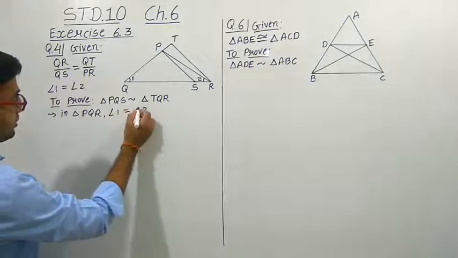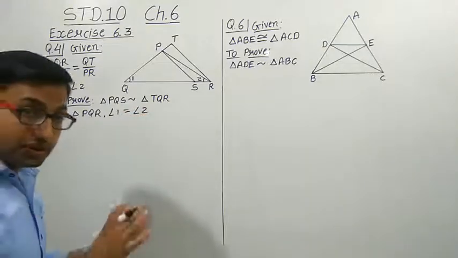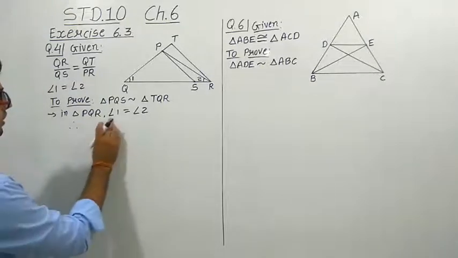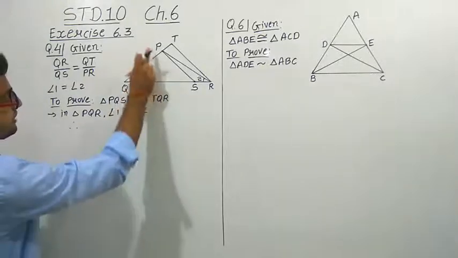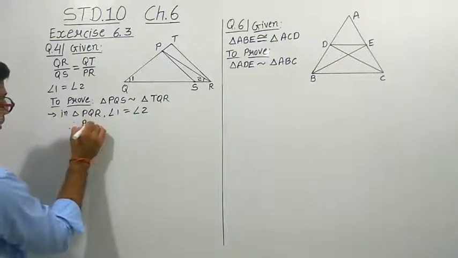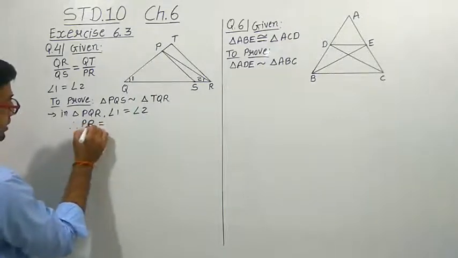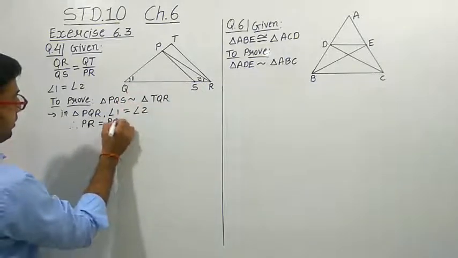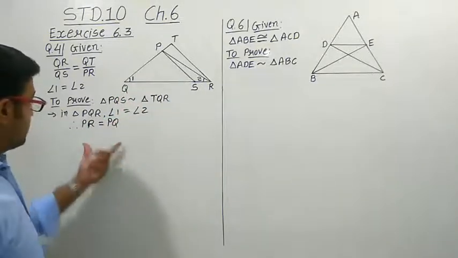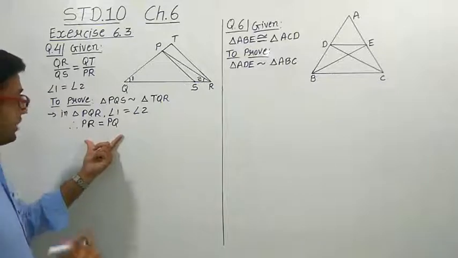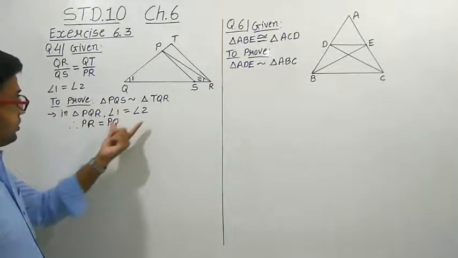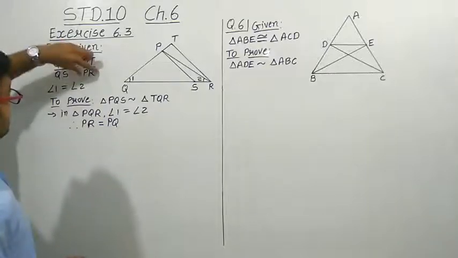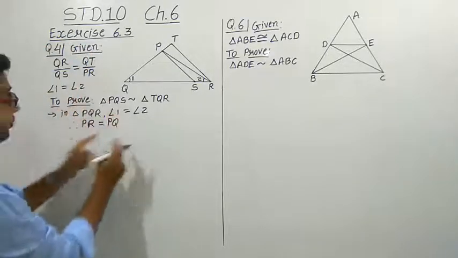If two angles of a triangle are equal, then their opposite sides are also equal. Therefore we can write down that the opposite side of angle 1 is PR, and the opposite side of angle 2 is PQ. Now you can write down the reason: sides opposite to the equal angles are equal. Now instead of this PR we can put this PQ.